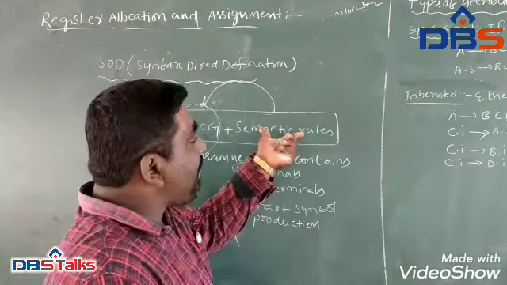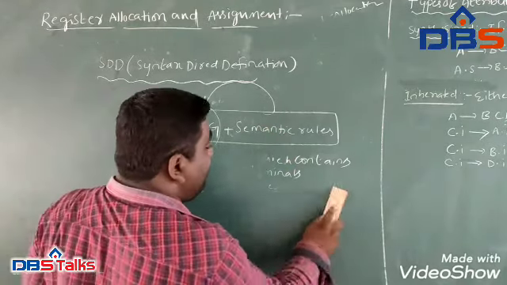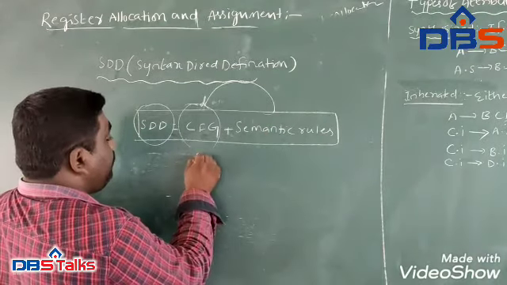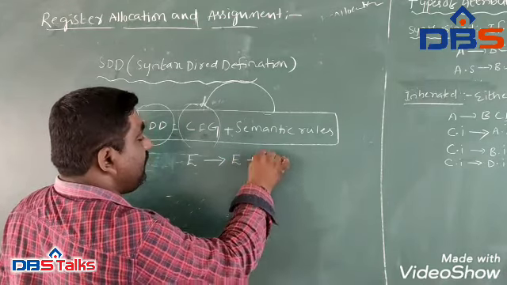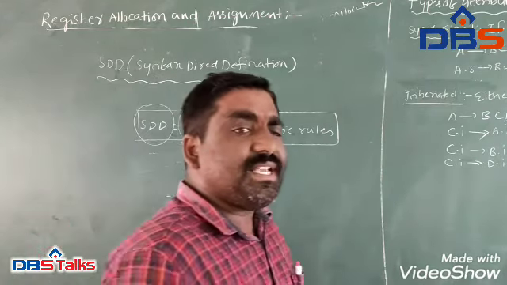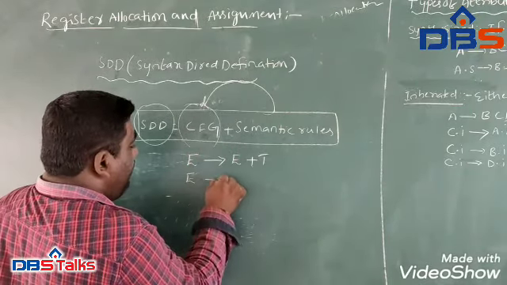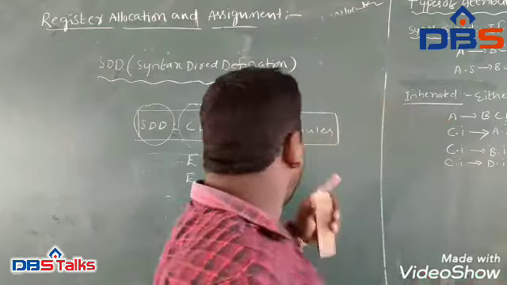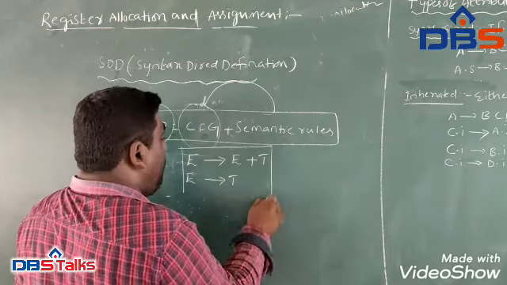What is a semantic rule? Here is one example of SDD, syntax directed definition. E produces E plus T, and again E produces T. This is the context free grammar.